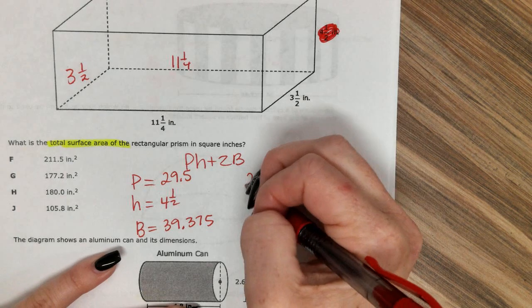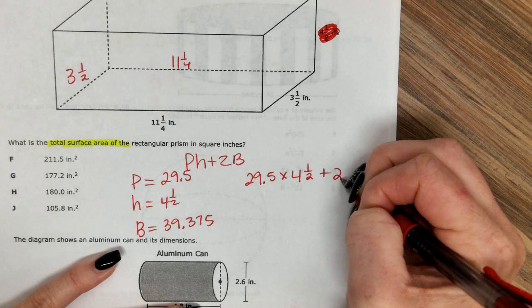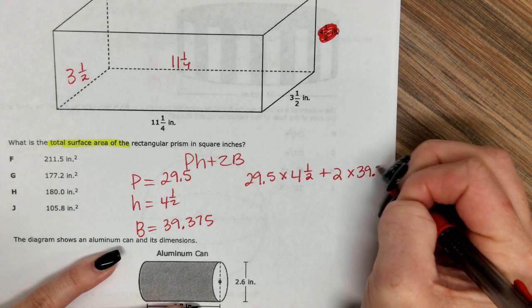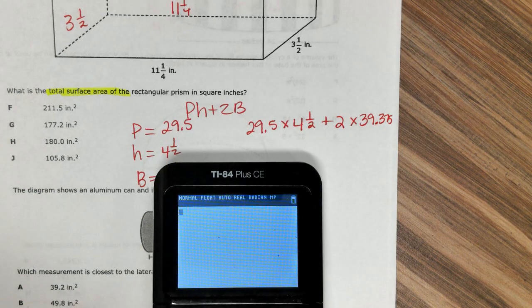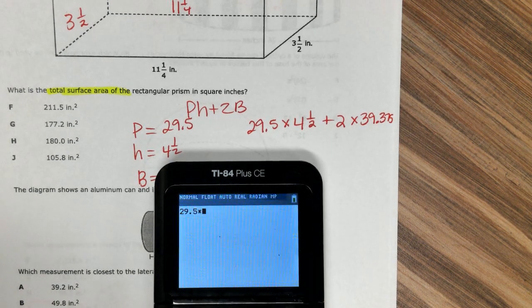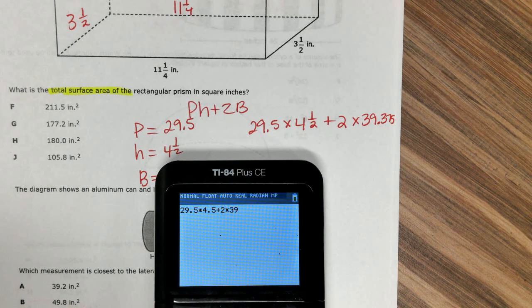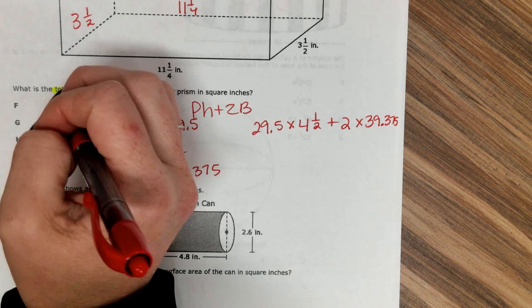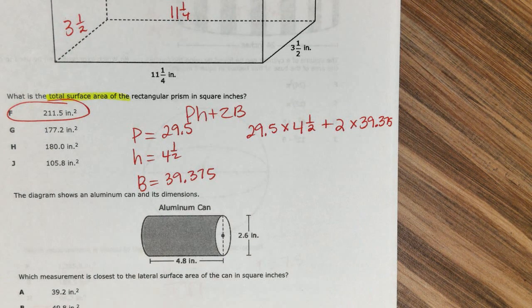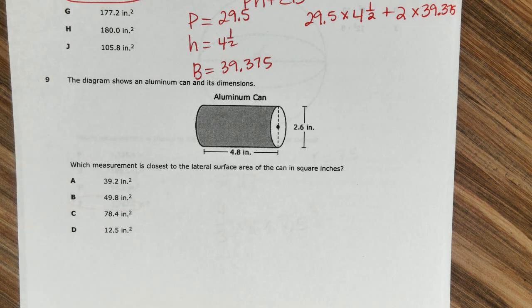So I'm doing P times H plus 2 times B. My answer is 211.5. I would highly recommend changing those to decimals, but I don't even think one's on the test like that. All right, 2 more.